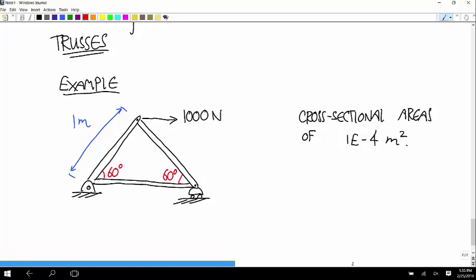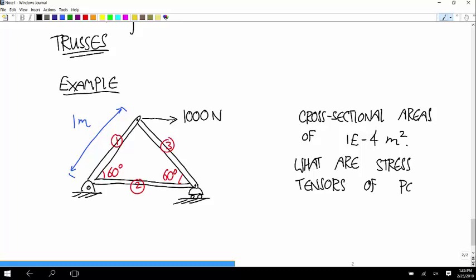And so I'm going to name these, I'll call this member 1, member 2, and member 3. What are the stress tensors of the members, of points inside each member?